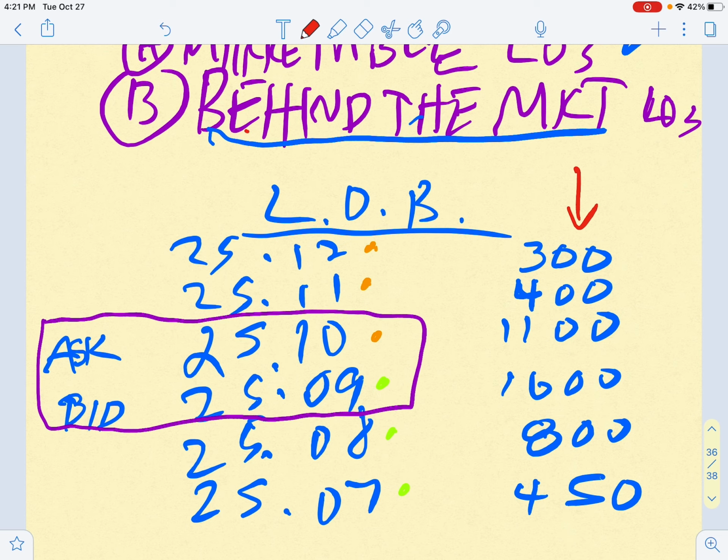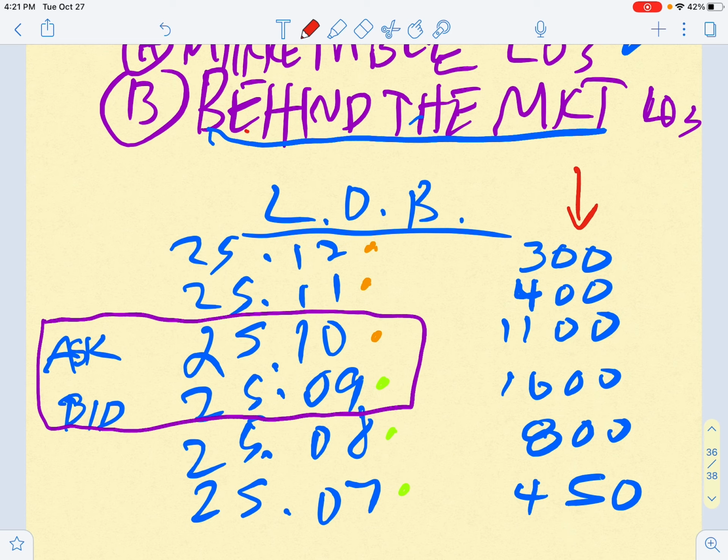We could also calculate cumulative. In other words, let's look real quick at the sizes in a cumulative context. Anybody that's willing to sell at 25.10 is also willing to sell at 25.11.